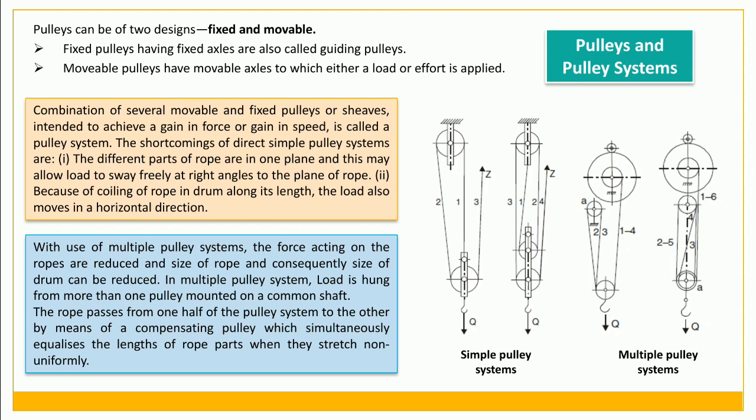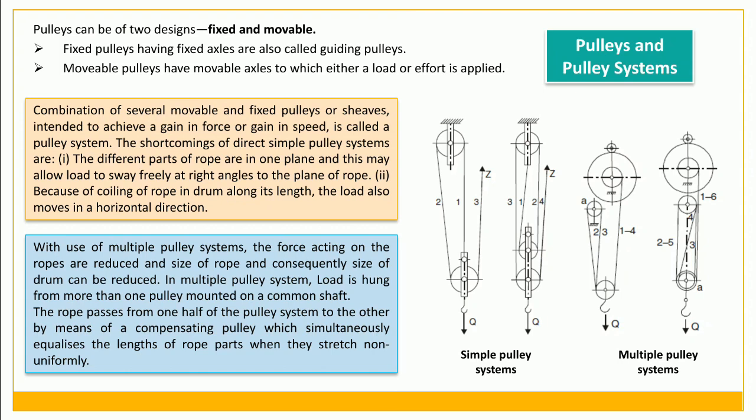Especially in the case of an electrically driven winch or crane hoisting mechanism, the load is raised in a strictly vertical direction and with less tendency of sway or swing. With the use of a multiple pulley system, the force acting on the ropes is reduced and the rope size is reduced as well.